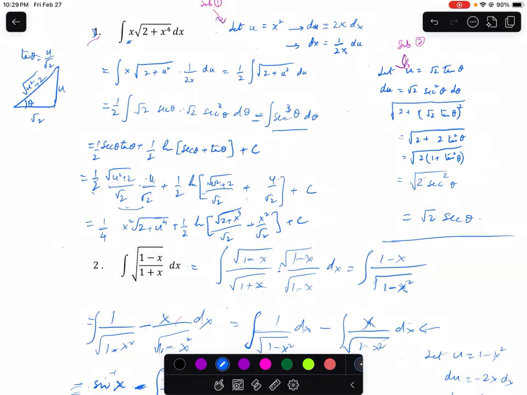Again, we can actually get rid of the square root from the bottom, but if you did until here it will be fine. So this is how we do these integrals.